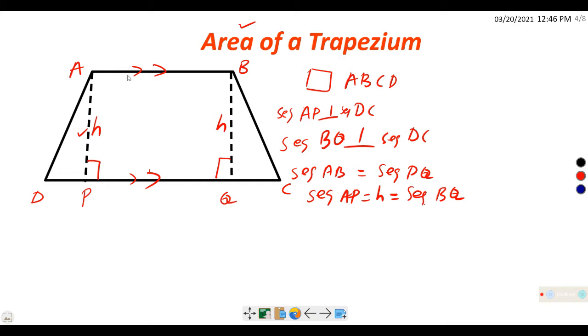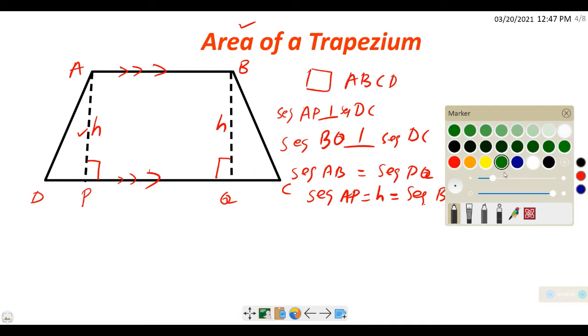We could say that this particular AB is equal to PQ, and AP and BQ are the height over here, and DC is constituted by DP plus PQ plus QC. With all this knowledge, we are trying to calculate the area of this trapezium, named trapezium ABCD.